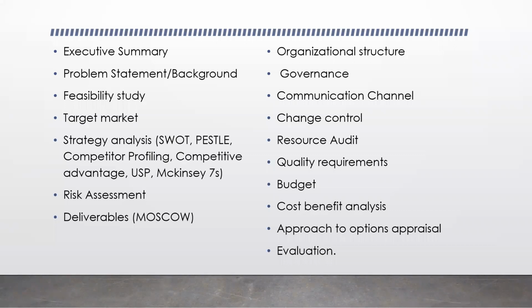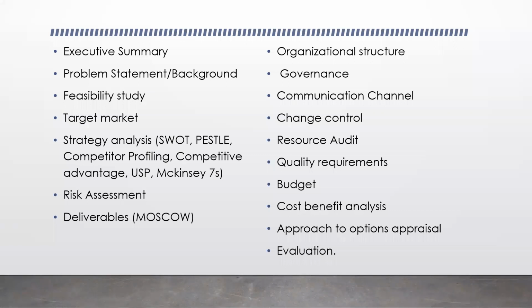You could also perform a risk assessment. The other things you could deal with, you have deliverables within your projects, and you could prioritize those deliverables using something called MoSCoW prioritization. That's must have, should have, could have, and won't have. Sometimes you might also want to look at your organizational structure.